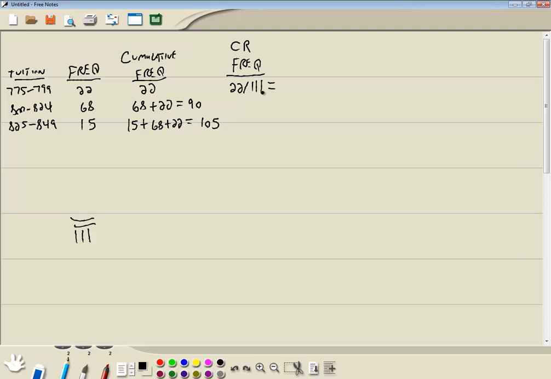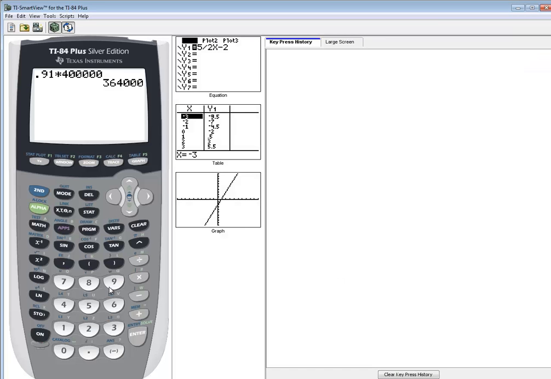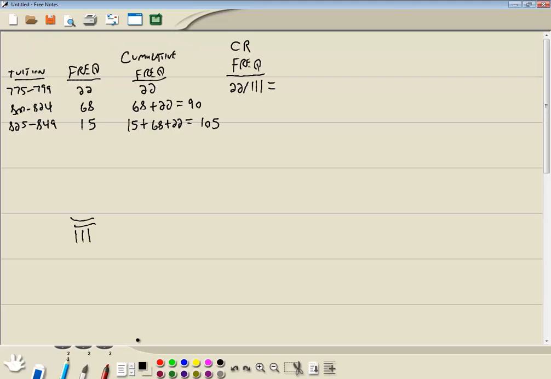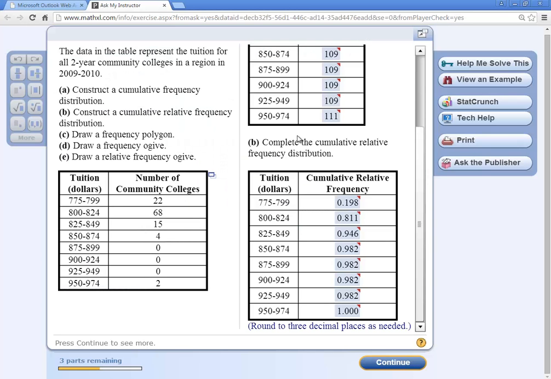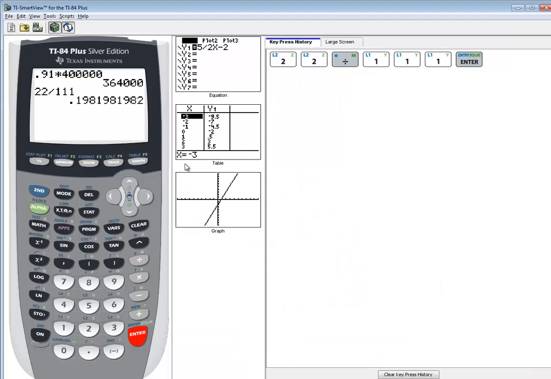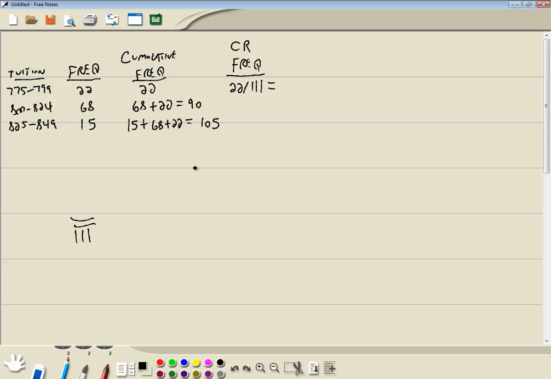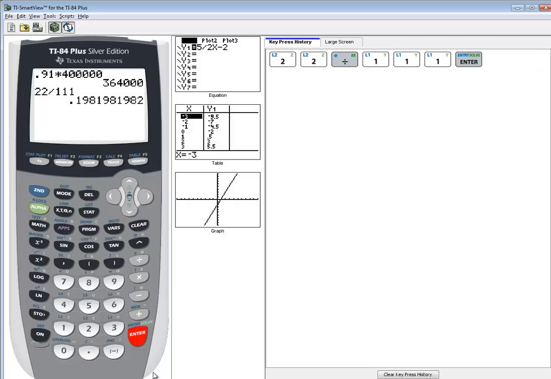22 divided by 111 gives us, rounding to 3 decimal places, 0.198. Now in this one, I take the cumulative frequency, which is 90, divided by 111.